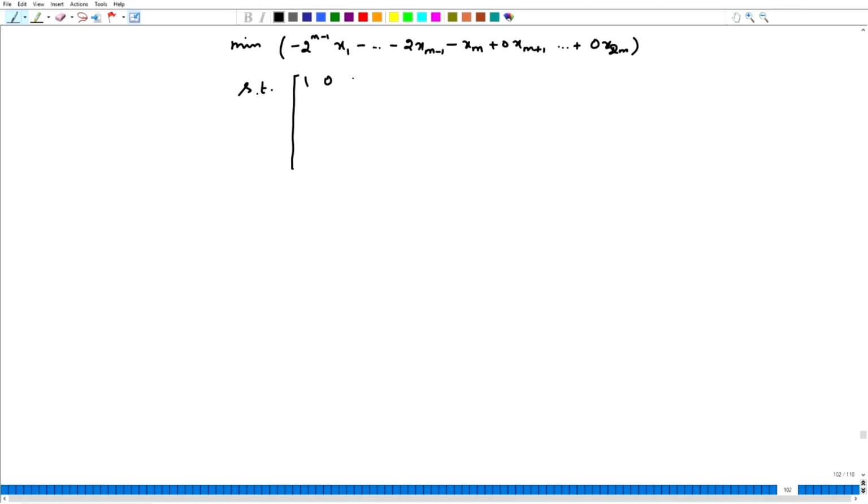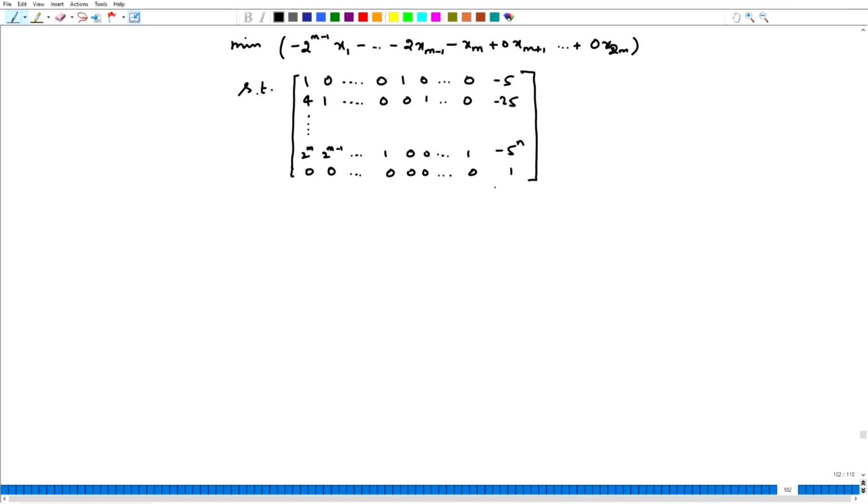So, this is 1 0 dot dot dot 0 1 0 dot dot dot 0, and here you have minus 5, you have 4 1 dot dot dot 0, 0 1 dot dot dot 0, this is minus 25. This will be 2 power m, 2 power m minus 1 dot dot dot this is 1, and this will be 0 0 and 1 minus 5 power n, and this is going to be 0 0, all zeros, and you still have a 1 at the end, okay.